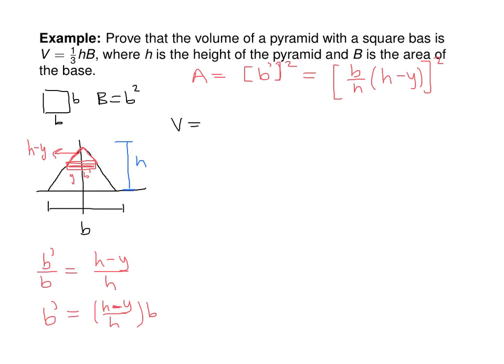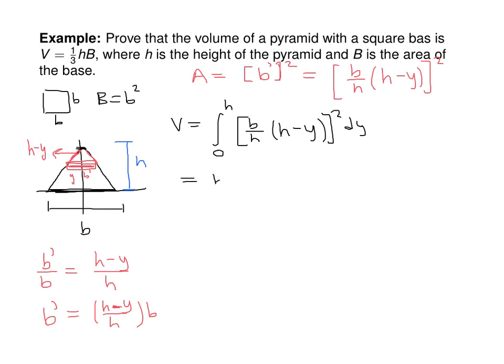So I integrate from, now in this case, the slices begin here at the base where y is equal to 0. They end up here at the top where y is equal to h. So we have the integral from 0 to h of b over h times h minus y, the quantity squared, dy.